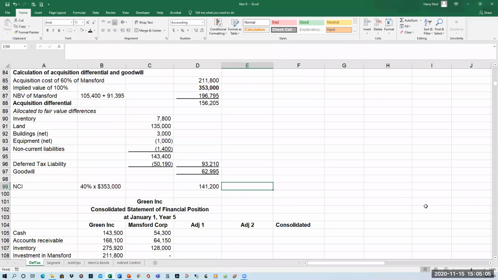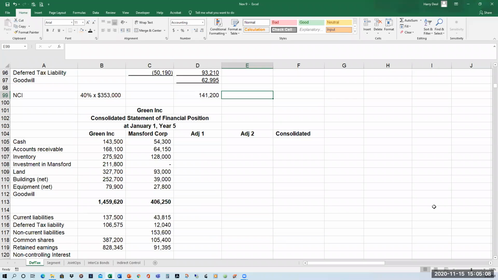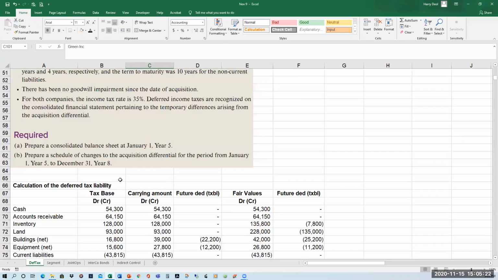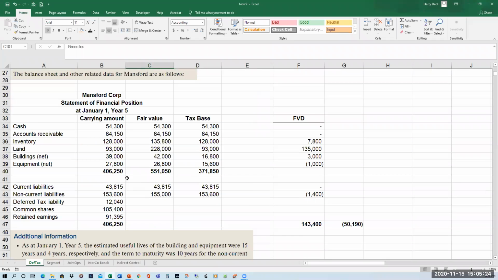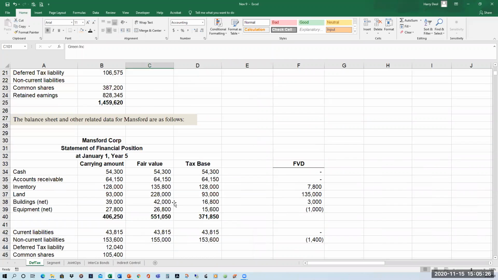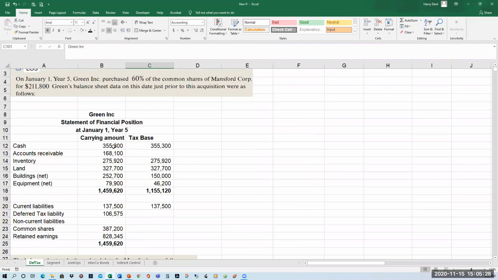We'll use this information to prepare the consolidated balance sheet of this combined entity. The parent company is Green. Now, notice that I have prepared already the balance sheet after acquisition. So what would have happened here if you go back and take a look at the parent's own balance sheet information? The parent Green Inc. had cash of $355,300. This was before the acquisition.